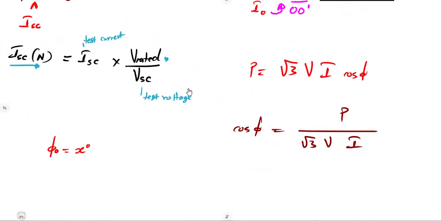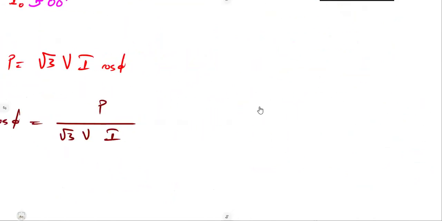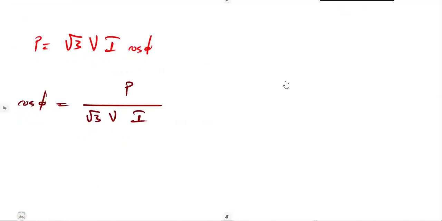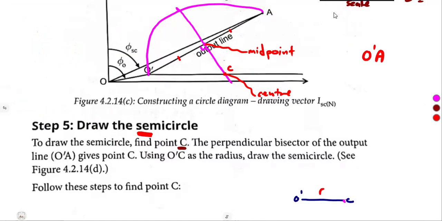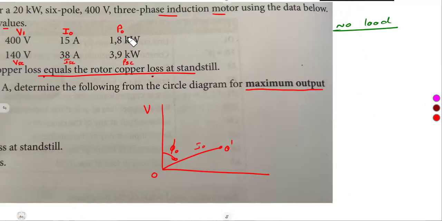So when we are dealing with the no load, we must have the power for the no load, the voltage for the no load, and also the current for the no load. So that's it, the power. We are given, according to our information, 1.8. So guys, just take this information as it is.